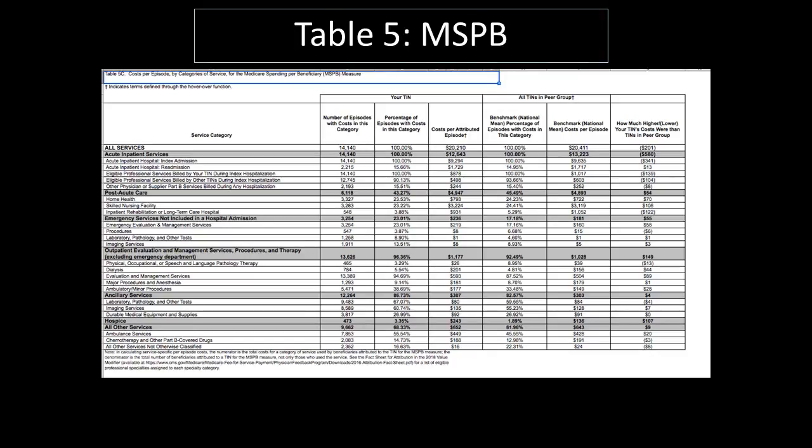For example, utilization of post-acute care. What percentage of the spend is apportioned to that domain might be a relevant area for an organization to take a look at, as well as inpatient spending.